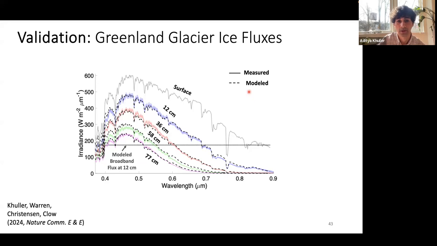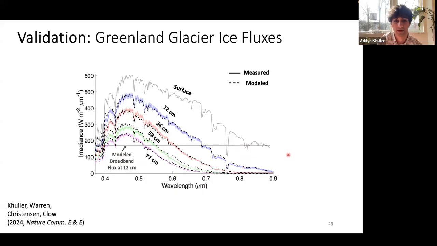Often, though, people will use one value to characterize the full spectrum. So they'll use a broadband flux value. If you did that for 12 centimeters, you can compare this horizontal black line with the blue measurements or the model. And you can see you're basically underestimating the amount of energy at these wavelengths, but then overestimating the energy at other wavelengths.